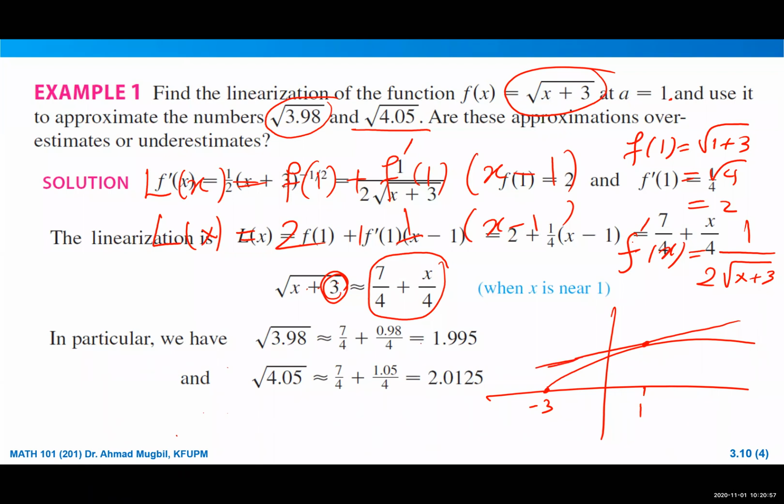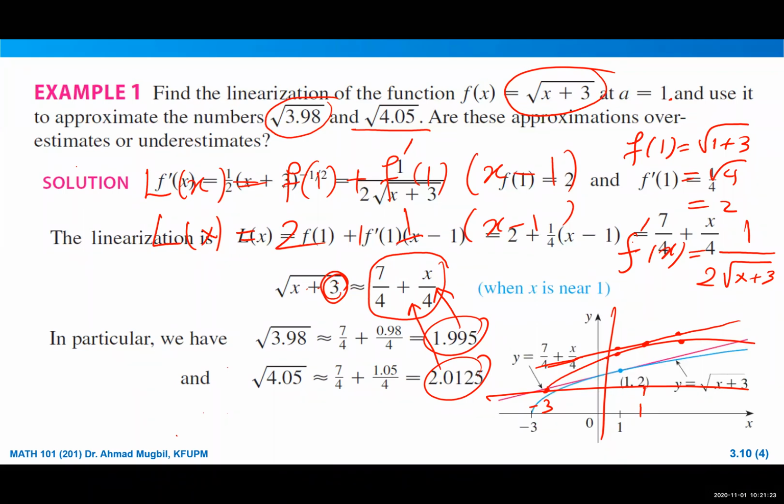Now these values that we calculated from the line are here, so they are greater than the exact values. The exact values are here. This means that these approximations are overestimates.